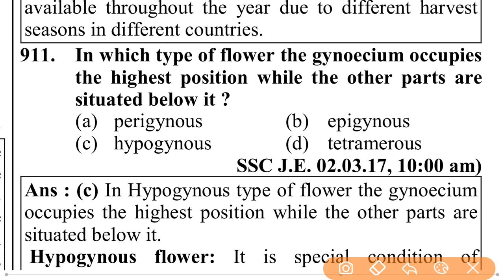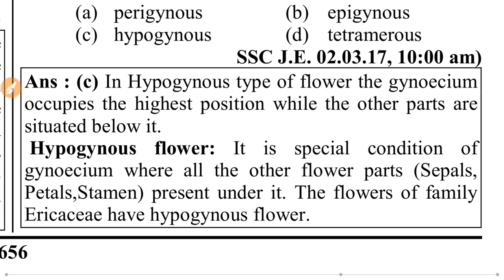In which type of flower the gynoecium occupies the highest position while the other parts are situated below it? That is hypogynous. In hypogynous flowers, the gynoecium occupies the highest position while the other parts are situated below it.